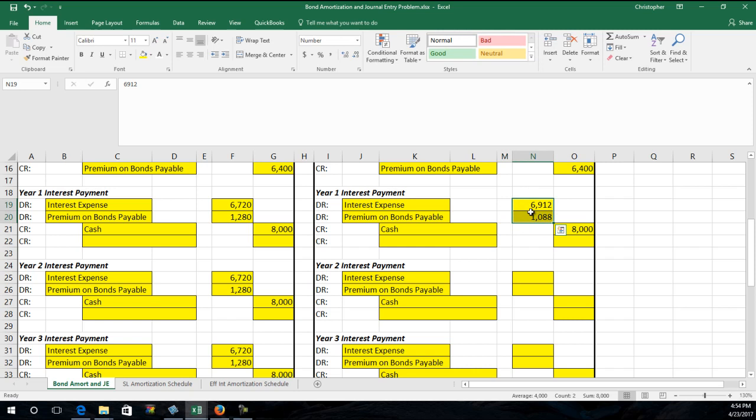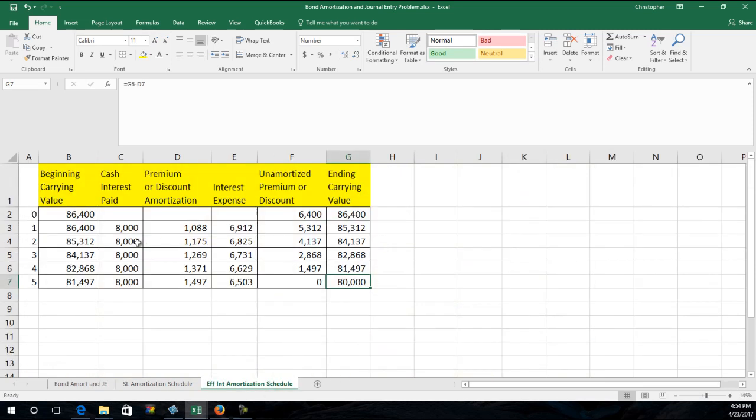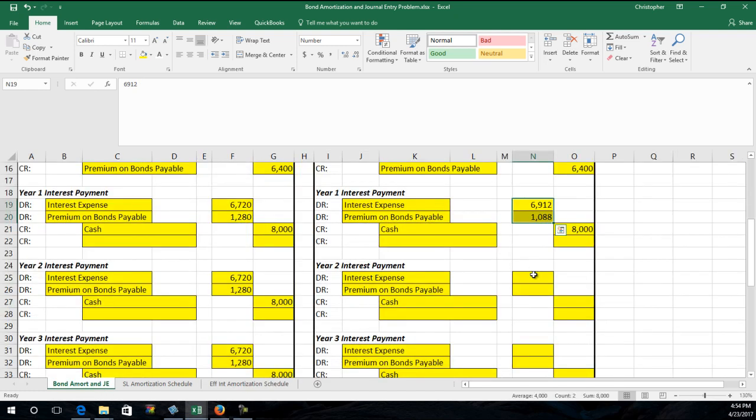Make sure these add up to 8,000, and they do. Year 2, 8,000, 1,175, 6,825. Again, they equal 8,000.